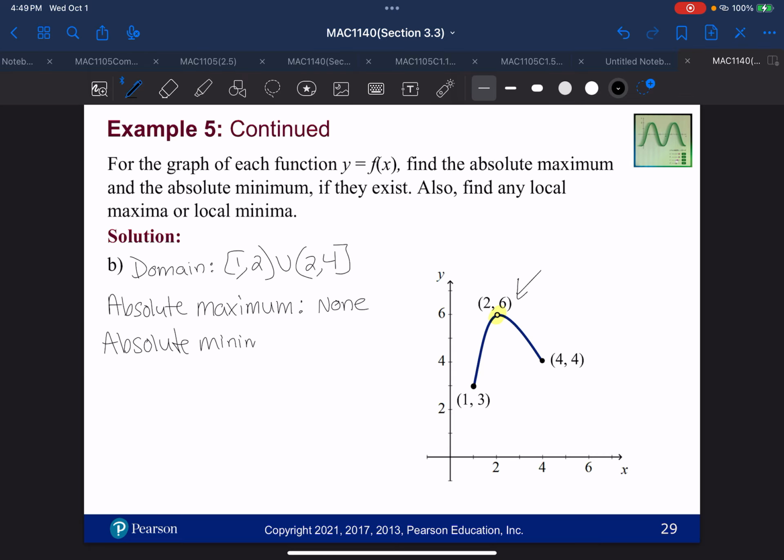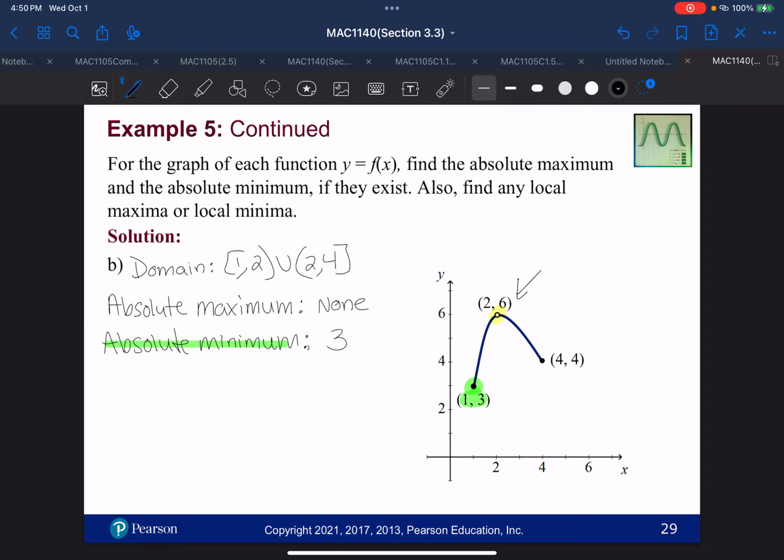The absolute minimum would be equal to this y value, which should be 3, because that's the smallest y value in our entire function.